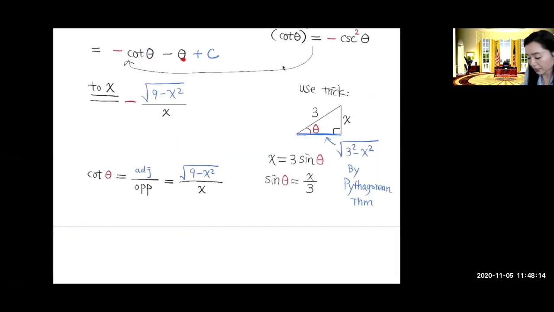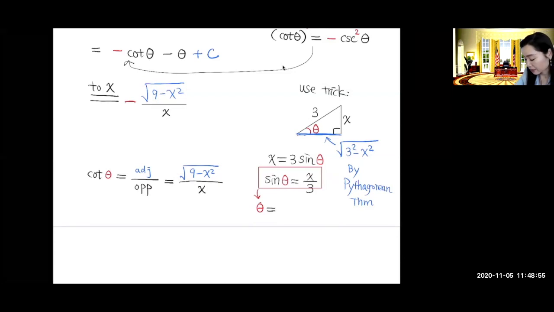What about theta? If I have sine theta equal to x over 3, and remember theta is between negative pi over 2 and pi over 2, then what can we say about theta? Theta will be equal to the inverse sine of x over 3.